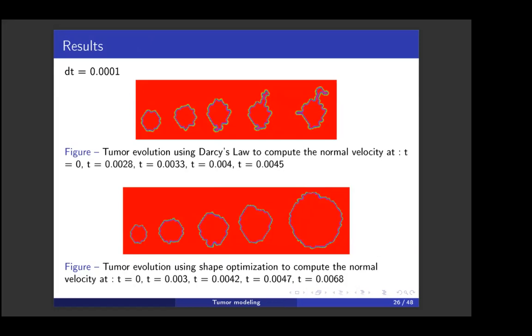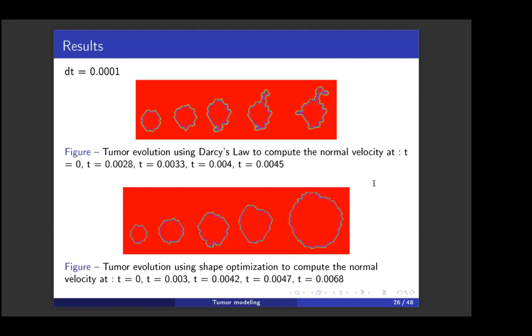We don't know anything. We are waiting for the real results in order to compare. But using the first approach, we remark that the tumor is smaller than with the second.